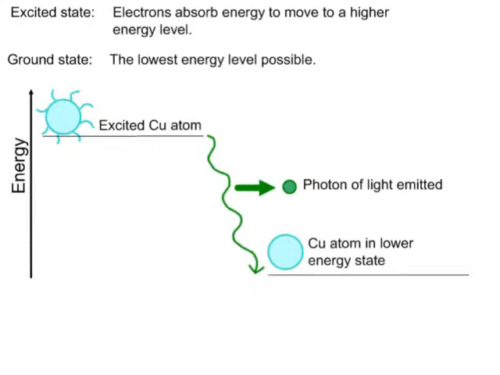So here I drew a little picture. It's trying to look like one that is in your book, with energy increasing as you go up. Here is an excited copper atom. That atom, then, if it's excited, means that at least one of its electrons has moved to a higher energy level. So it's up higher in energy. Now, what happens if that electron drops down here to a lower energy state?